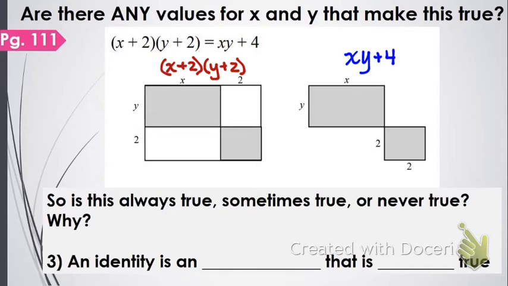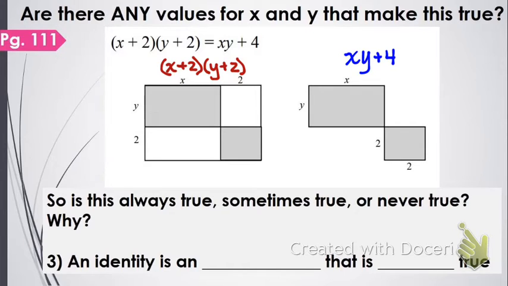What our task is right now, what I want to set you guys on for a couple of minutes and then we'll come together and talk about it. We want to figure out what the numbers are that should go in for x and y so that these two things are actually equal, so that they're describing the same amount of area. I'm going to give you about 5 minutes to look at this. You can substitute some numbers in.